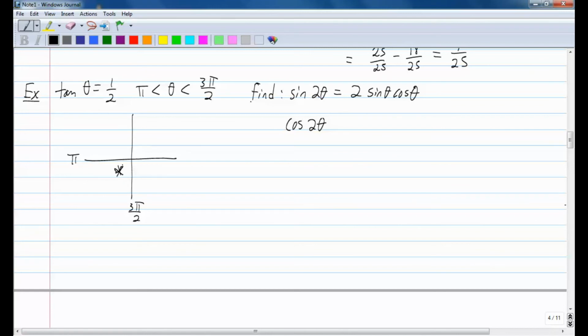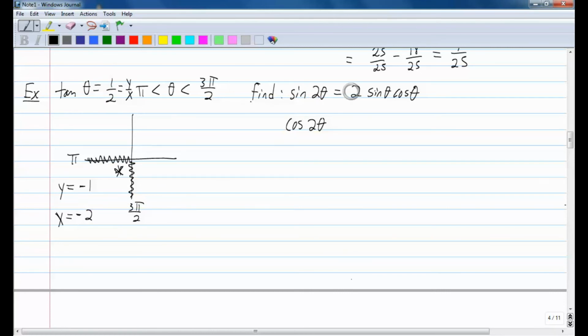So we're right here. In that quadrant, x's are negative and y's are negative. Tangent is y over x. So what is y equal to? Negative 1, and x is equal to negative 2. That's how we get a positive 1/2 there.